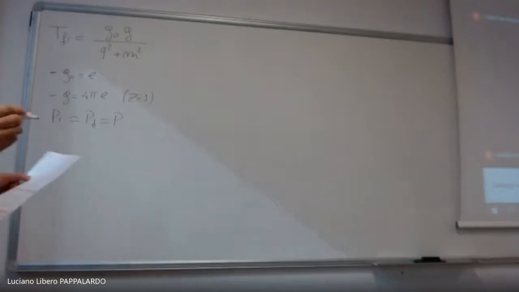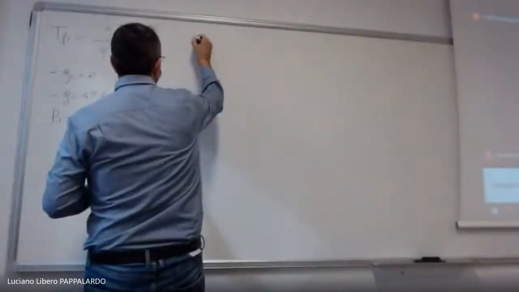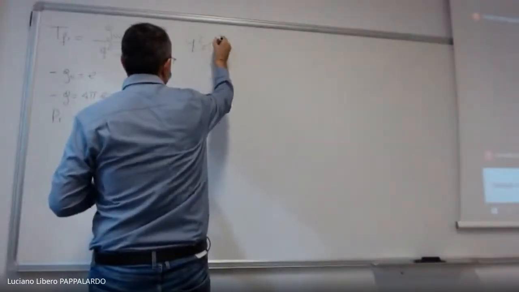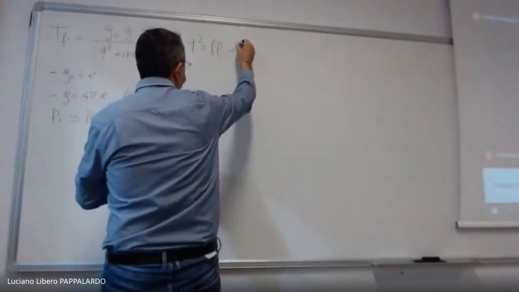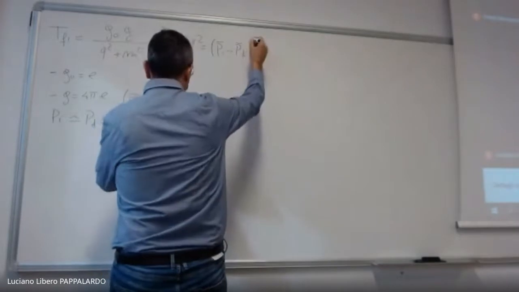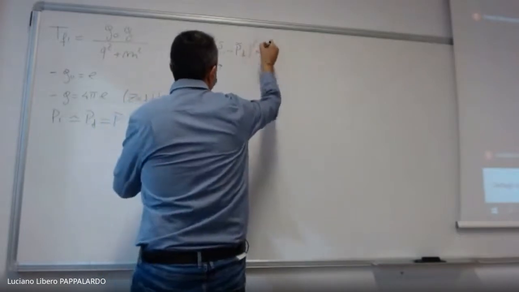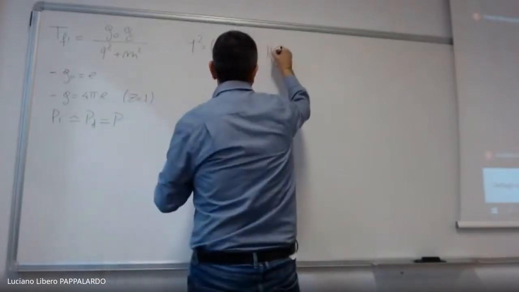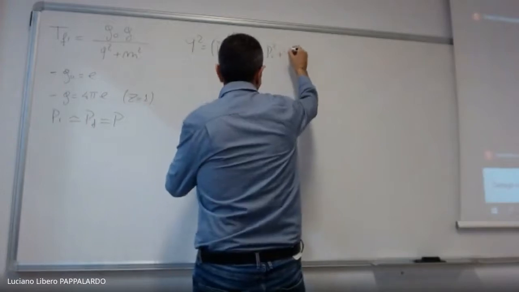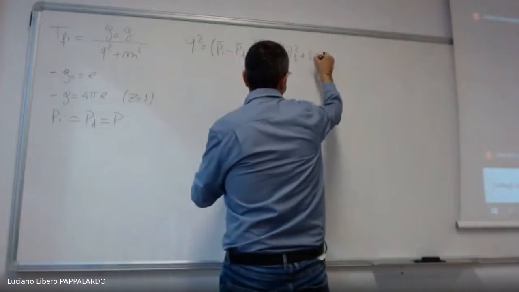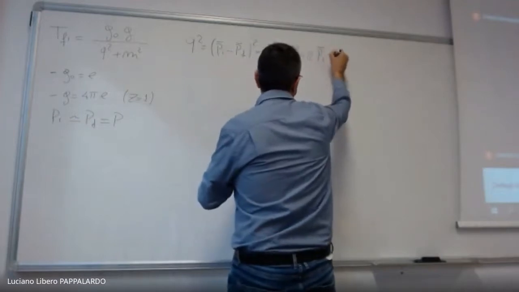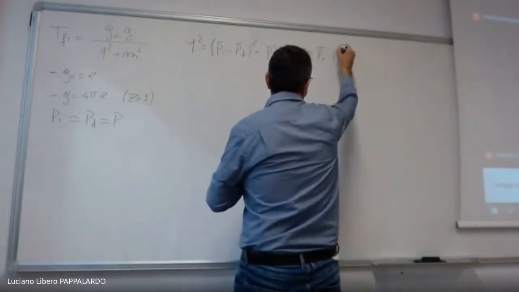Now we can calculate the transferred momentum squared, so the q squared, which is p_i minus p_f, squared. So let's elaborate this more. It's p_i squared plus p_f squared minus twice p_i scalar p_f.